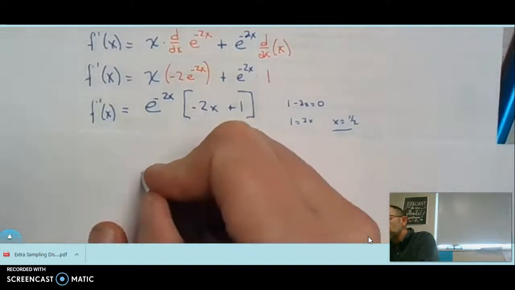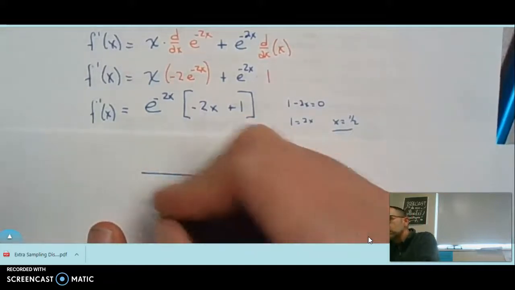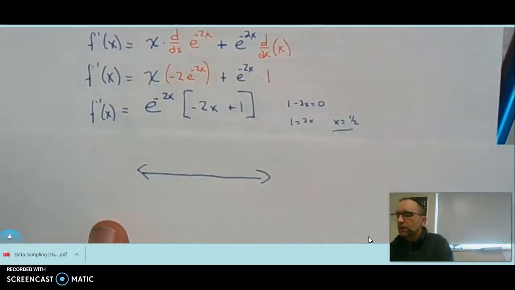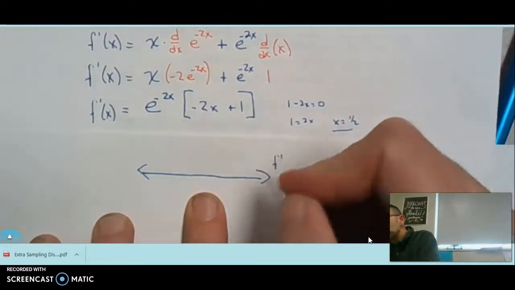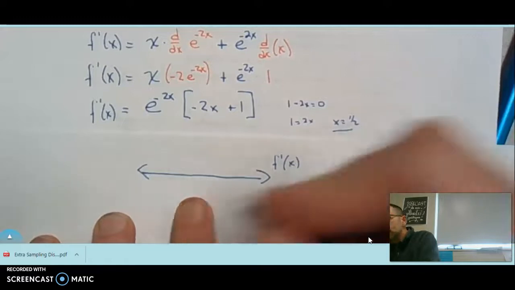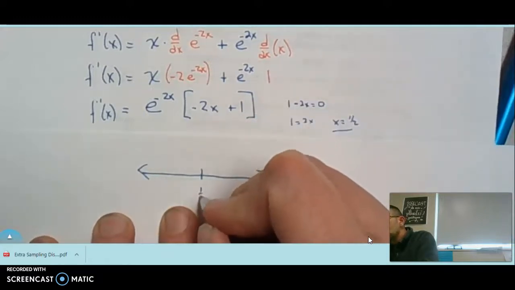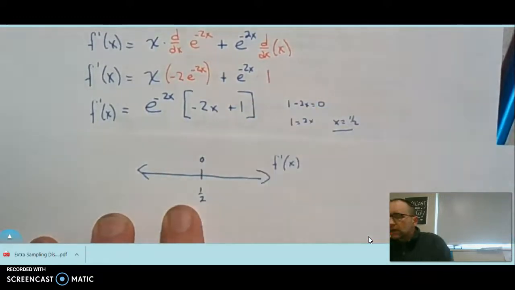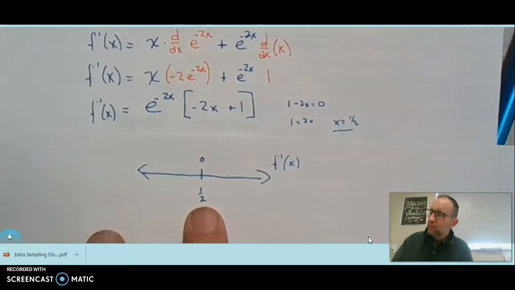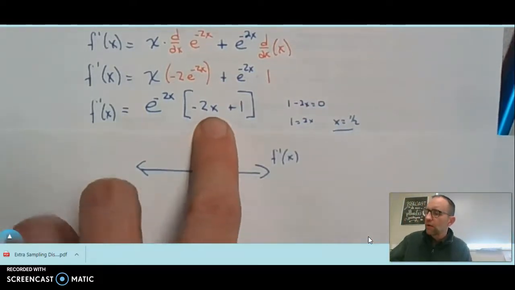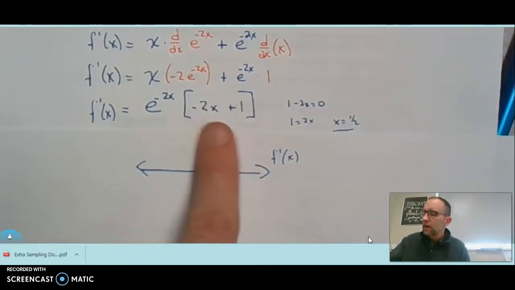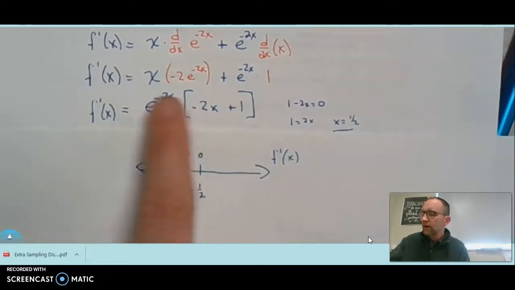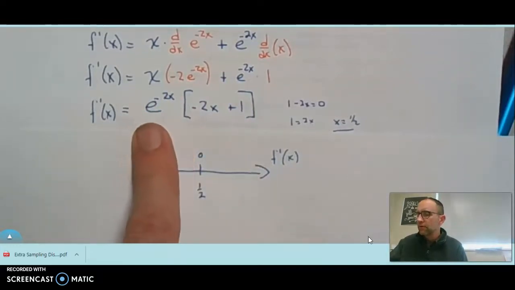So we're interested in determining, when we look at the derivative, whether the derivative is positive or negative. And we know that the derivative of the function at x equals 1/2 is going to equal 0. If I pick a number larger than 1/2, such as 1, and plug that in for x, I'm going to get negative 2 times x plus 1, a negative number out of the brackets, and e to a power is always positive.